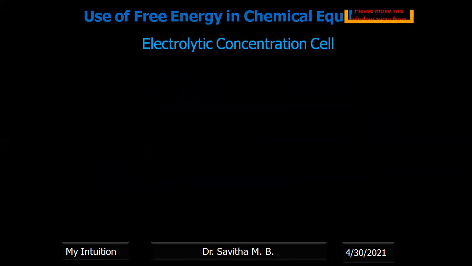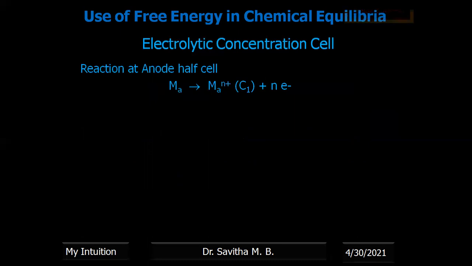Now let us first write the reactions taking place when the cell is functioning, and then derive the Nernst equation for an electrolyte concentration cell. The reaction at the anode half cell: at the anode, oxidation takes place. M subscript A is just a reference to tell that it is the metal acting as the anode.